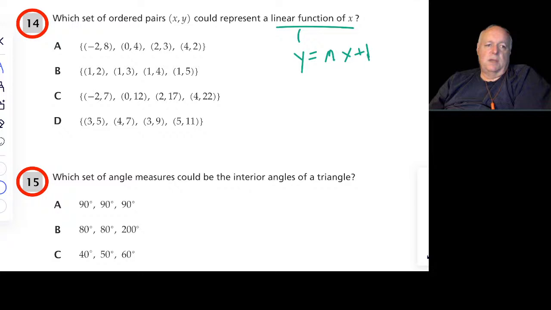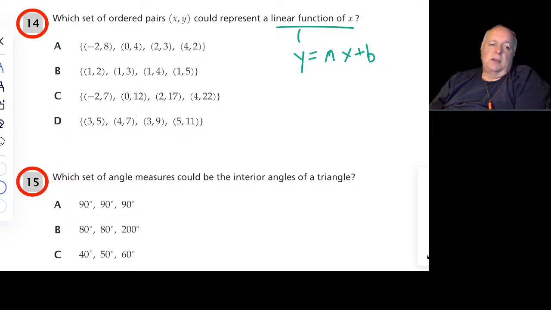So which of these, if we were to plug it in, so to speak, would work? So what we could do is start figuring out slopes and y-intercepts and plugging in the actual x's and y's.